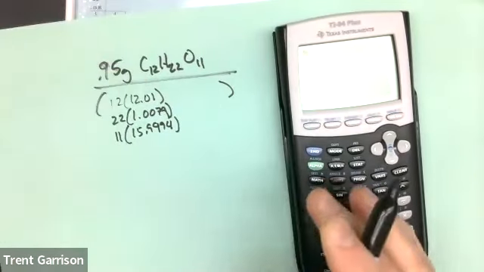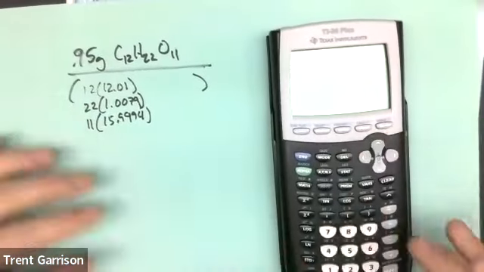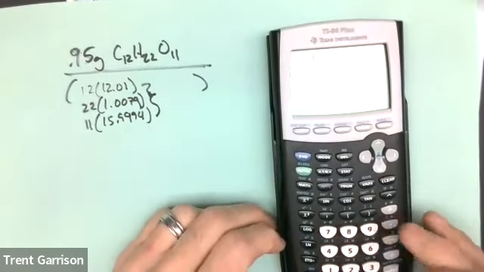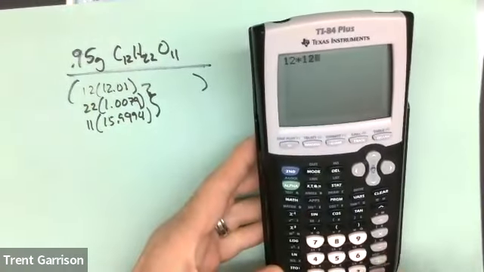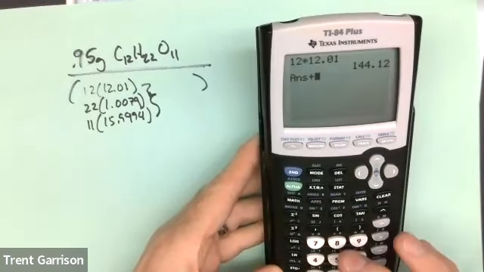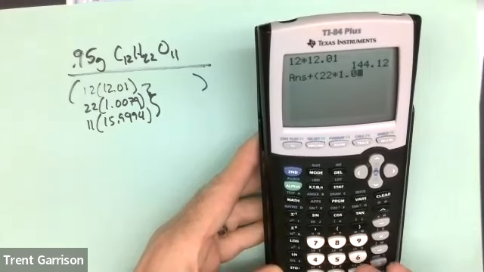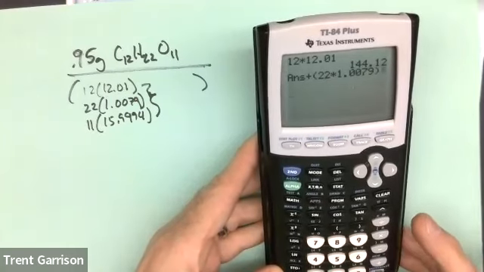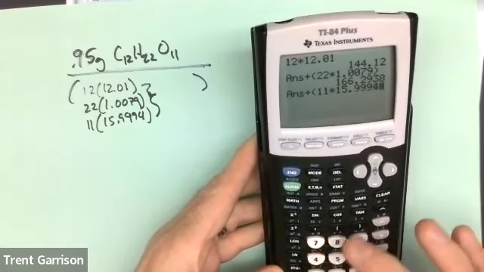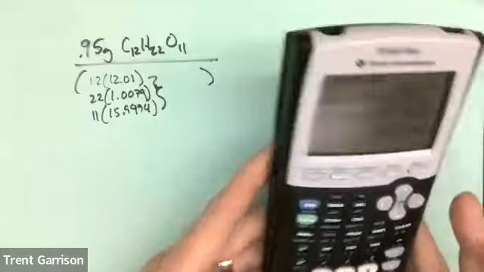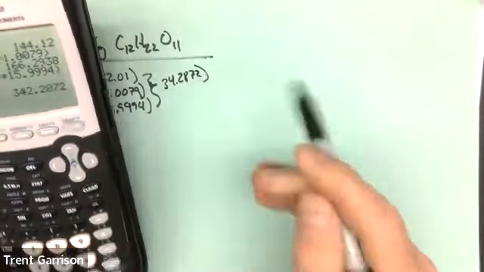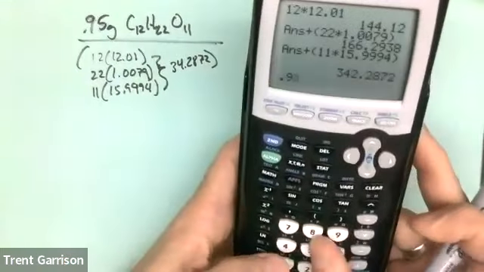So we're going to put all that together. 12 times 12.01 plus 22 times 1.0079 plus 11 times 15.9994, and you get 342.2872. So I'm going to take my 0.95.